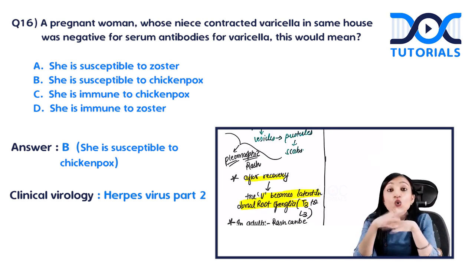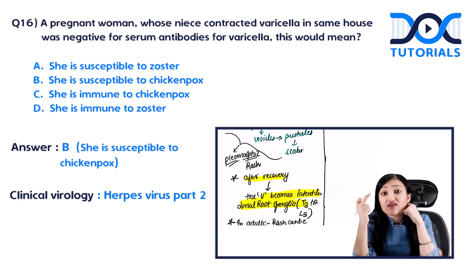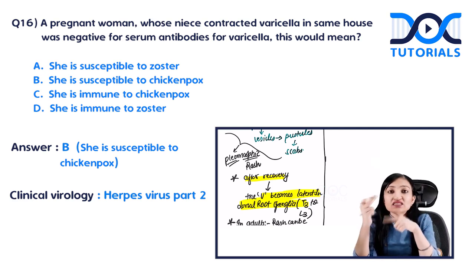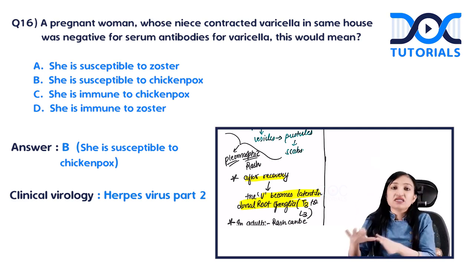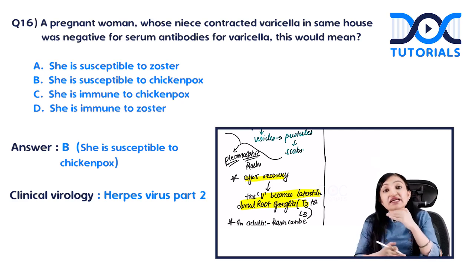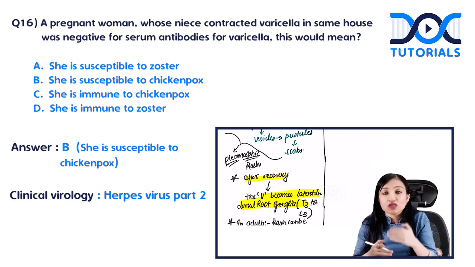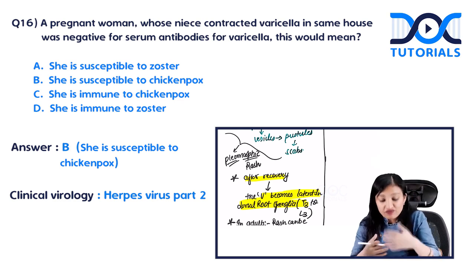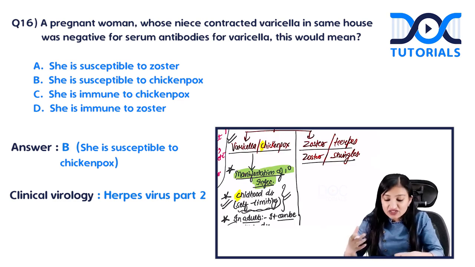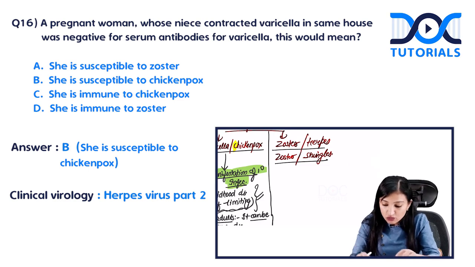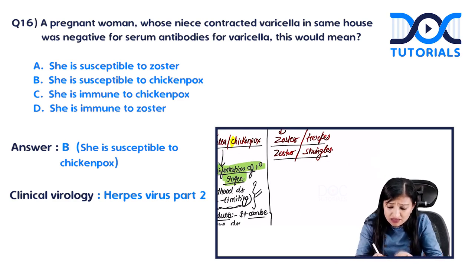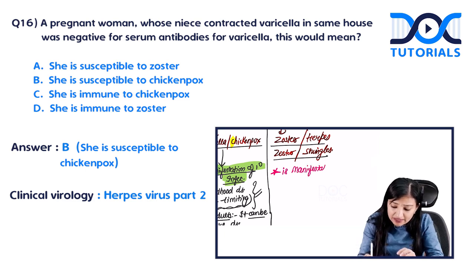But what happens in old age, especially in the 6th decade of life, the antibodies either become totally absent or they become decreased in number, and this predisposes the individual to develop reactivation infection. So that reactivation infection is nothing but zoster. So zoster or herpes zoster or shingles is the manifestation of reactivation infection.